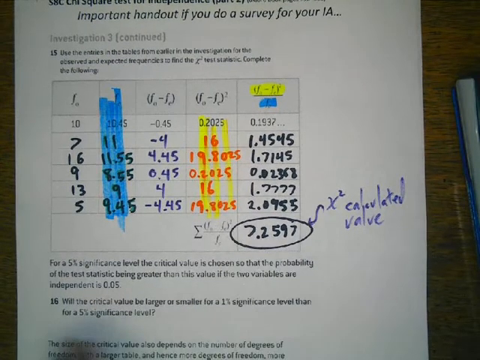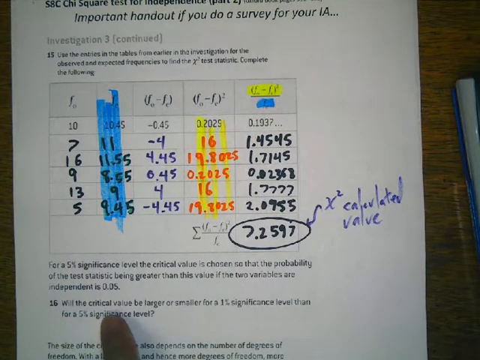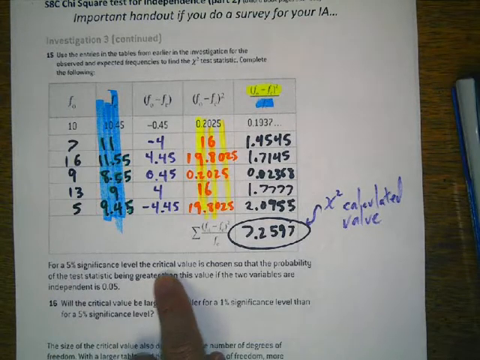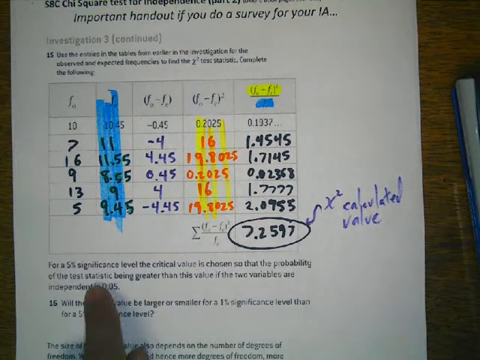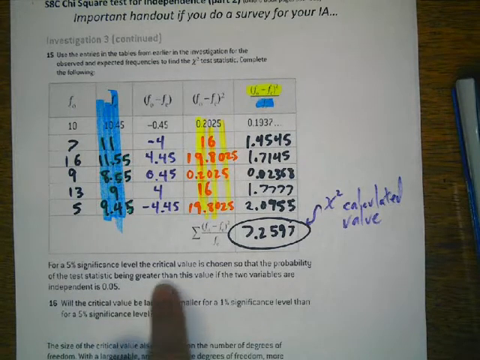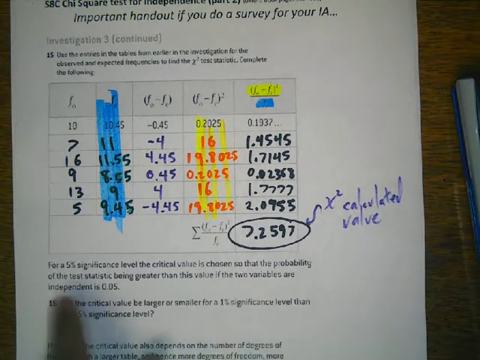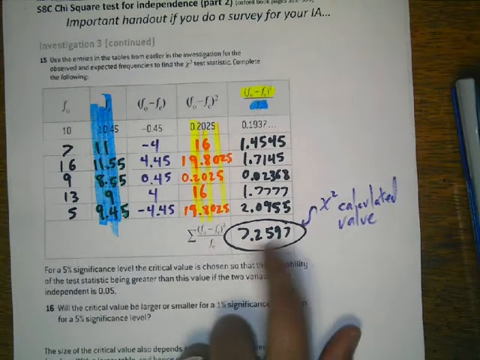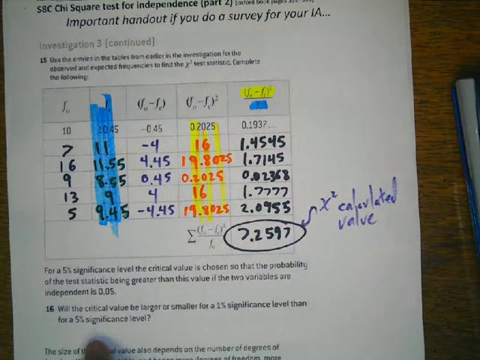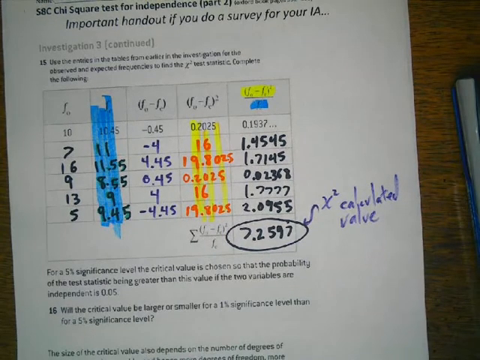So for a 5% significance level, the critical value is chosen so that the probability of the test statistic being greater than the value, if the two variables are independent, is 5%. So we need to look at our critical value table.